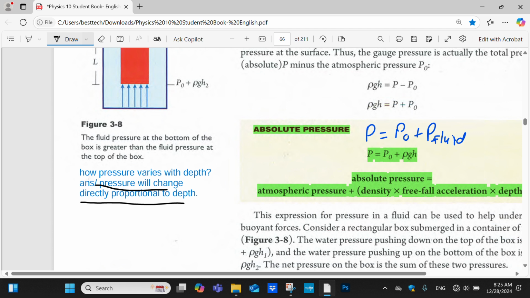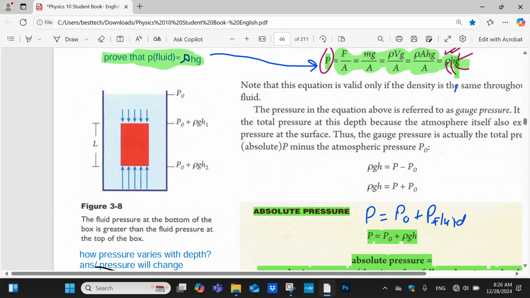It means that the relation between pressure and H is directly proportional. When the H increases, the pressure increases too. When the H decreases, becomes less, the pressure becomes less too. So the relation is proportional. Both of them increase at the same time and both of them decrease at the same time.